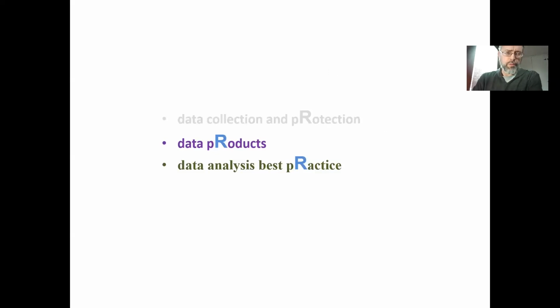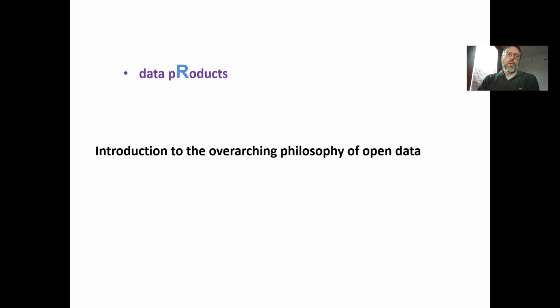Data products, item 2. Okay, so here first, I want to introduce you to the overarching philosophy of open data. And before I go to the next slide, I want to say these words out loud. And again, it's sad that we're not together, so we can have some shared energy on this. We live in an era where there's a lot of skepticism about science.